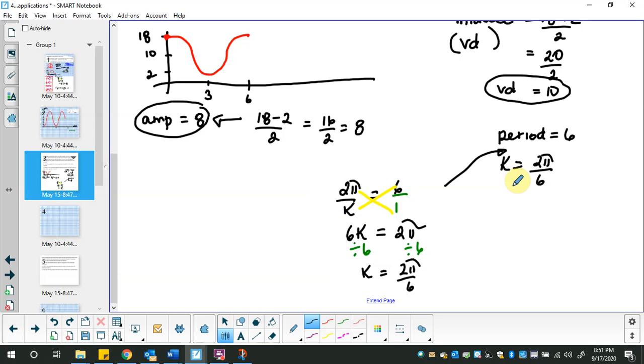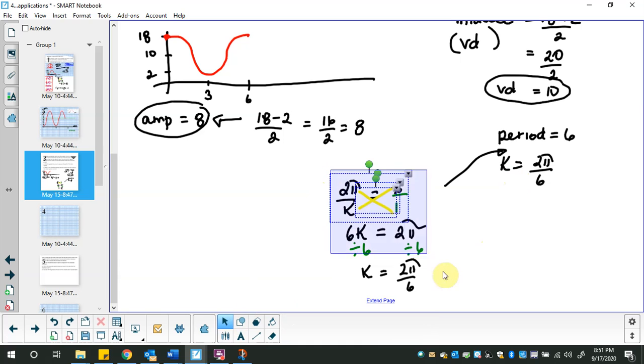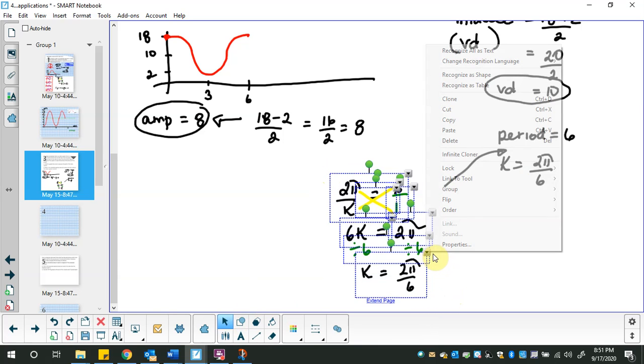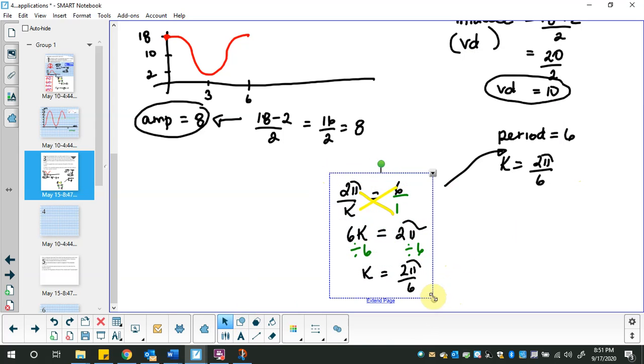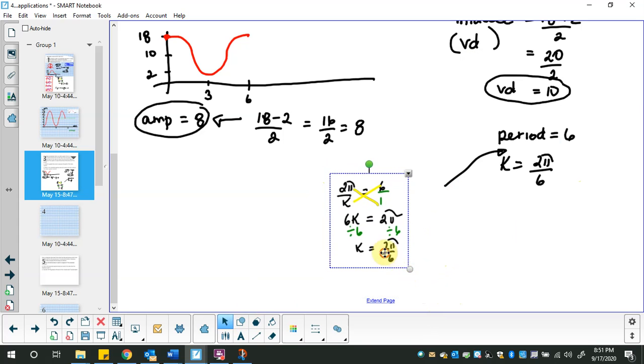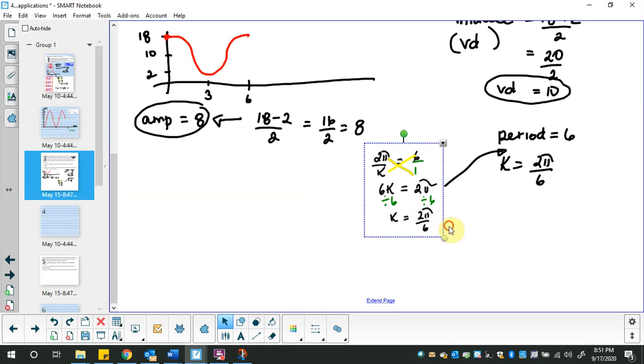So I'm just going to make this a little bit tinier because I have that magical smartboard ability. And then I will make the equation. There. I don't know why that did what it did.